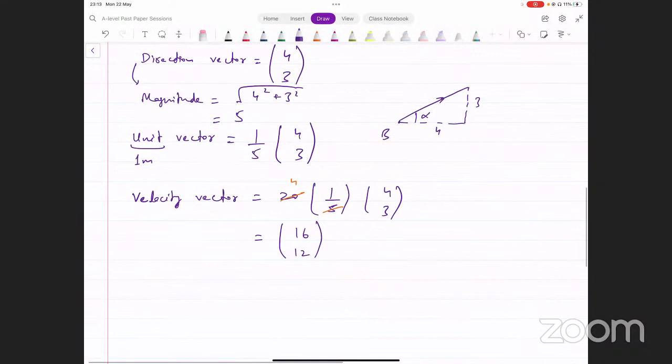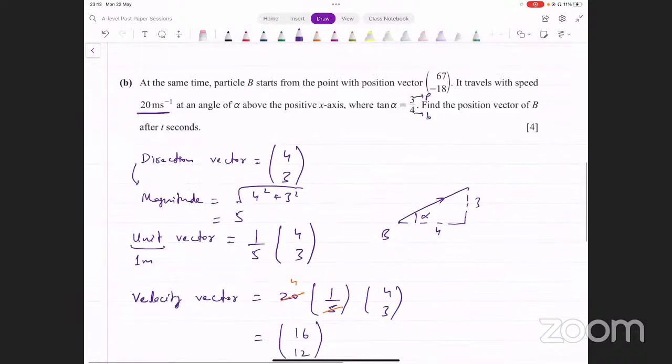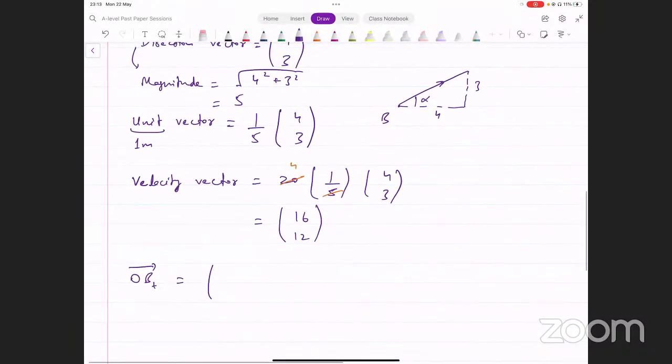सो व्हाट अबाउट द पोजीशन वेक्टर नाउ फॉर B इन टर्म्स ऑफ t? ये कितना हो जाएगा? स्टार्ट उसने कहां से किया था? स्टार्ट उसने किया था (67, -18) से. दैट्स द स्टार्टिंग पॉइंट. अब हर सेकंड में इतना मूव कर रहा है. हर सेकंड में 16 units right, 12 units up. This is what it's moving.